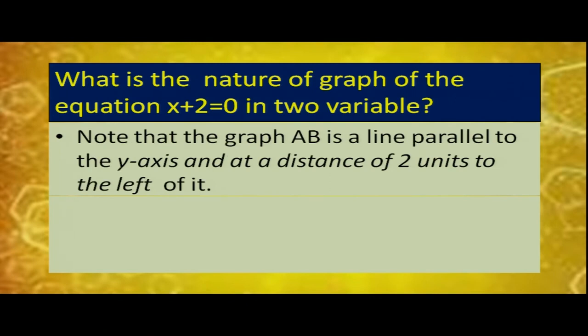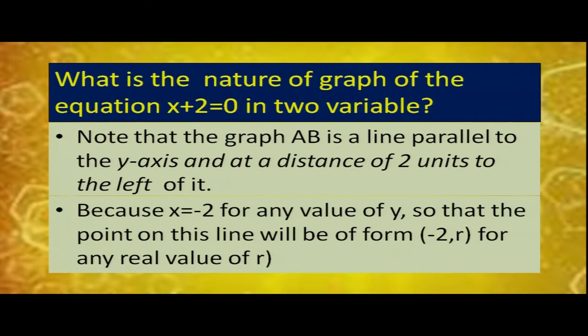The graph AB is a line parallel to the y-axis and at a distance of 2 units to the left of it. Why? Because x is equal to -2 for any value of y, so the point on this line will be of the form (-2, r) for any real value of r.